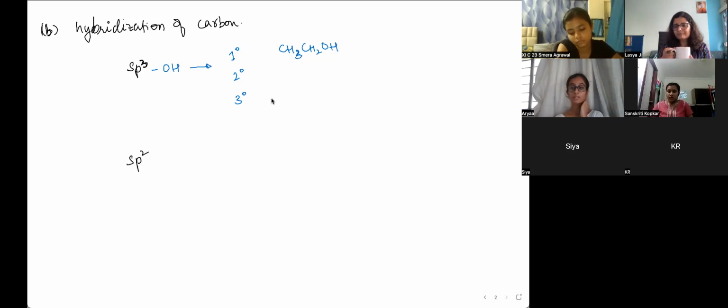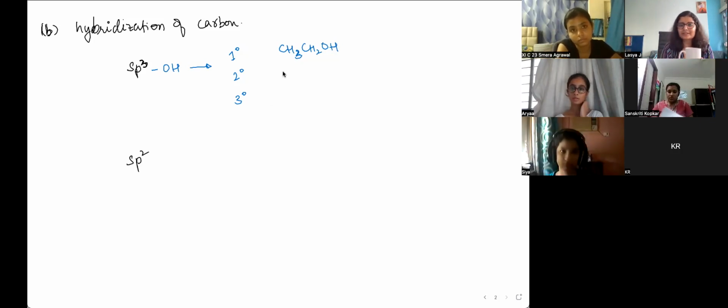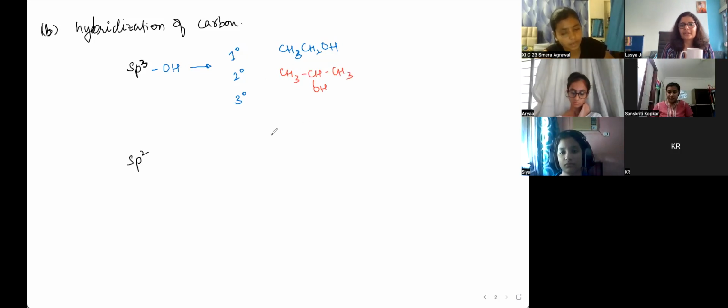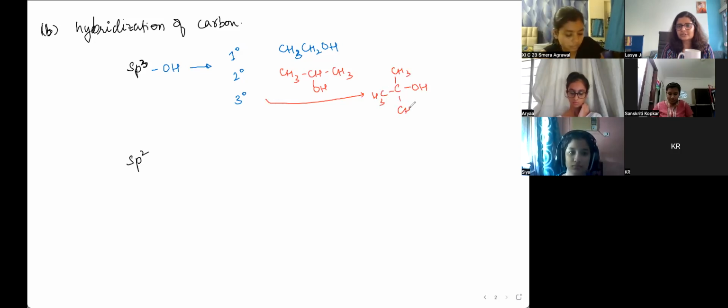Isopropyl is secondary, connected to two carbon atoms. So CH3CHOHCH3. And tertiary is again what you have, just write it over here. COH. So in tertiary it's connected to all three carbon atoms.